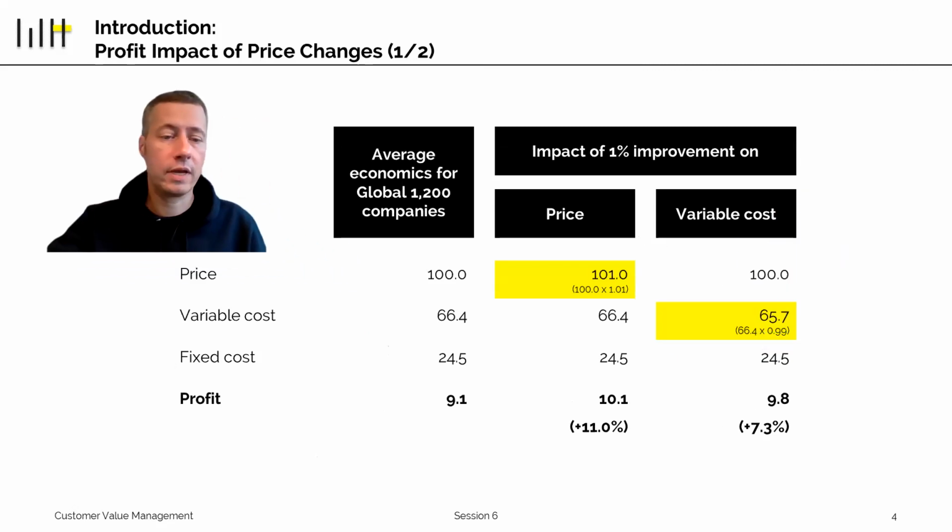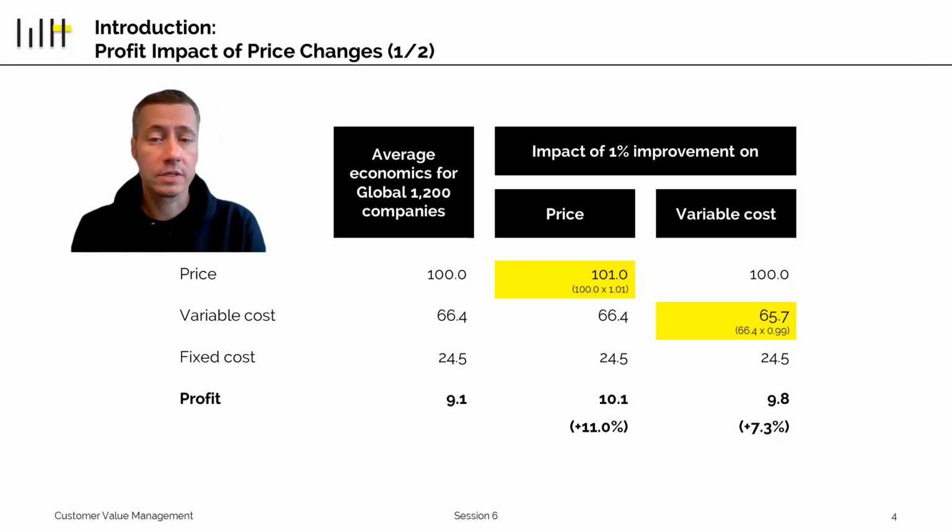For example, look at the average economics of an average company. An average company, if they sell something for $100, usually has about 2/3 of variable cost, 66%, usually a quarter of fixed cost, 25%, and a profit margin of 9 to 10%. Of course, every company is different, but if you look at the average firm, these are about the numbers.